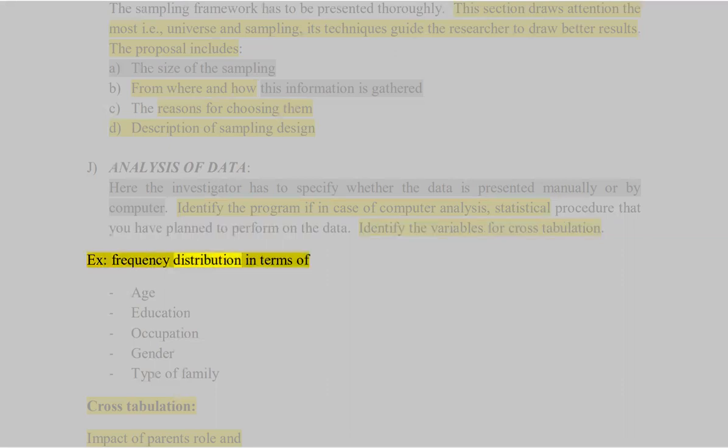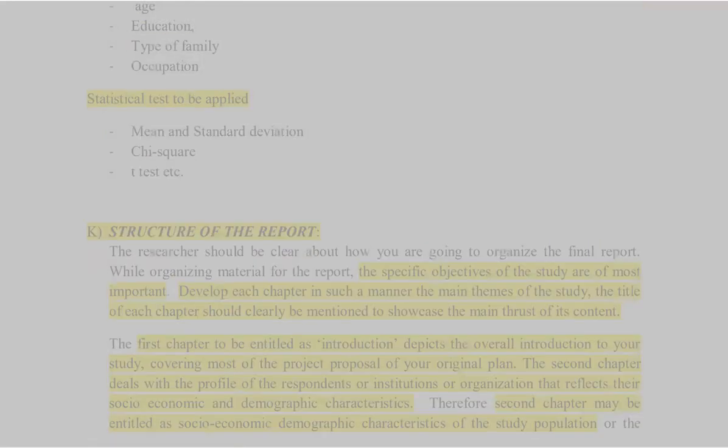Frequency distribution in terms of age, education, occupation, gender, type of family. Cross-tabulation: impact of parents' role and age, education, type of family, occupation. Statistical test to be applied: mean and standard deviation, chi-square, t-test, etc.